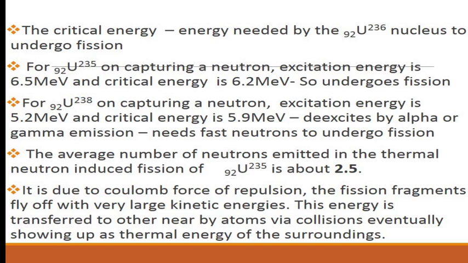Now what happens to the fission fragments or the lighter nuclei? Due to the Coulomb force of repulsion, the fission fragments fly off with a very large kinetic energy. And when these fission fragments collide with the atoms, this energy is transferred to the nearby atoms.